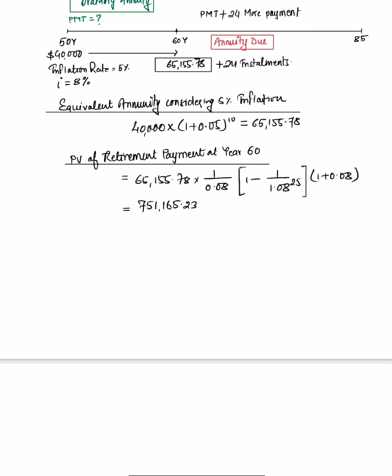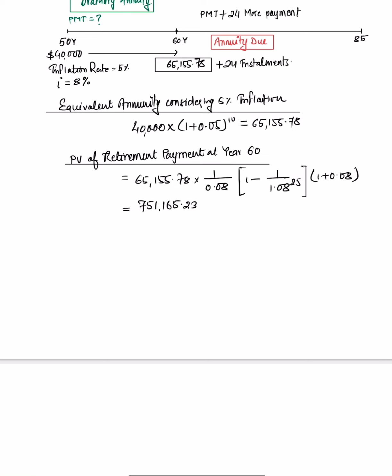Alright, so what does it mean basically? If you add all this amount of 65,155.78, considering the 8% interest, the sum of money at this point in time, at the end of the 60th year, is equal to 751,165.